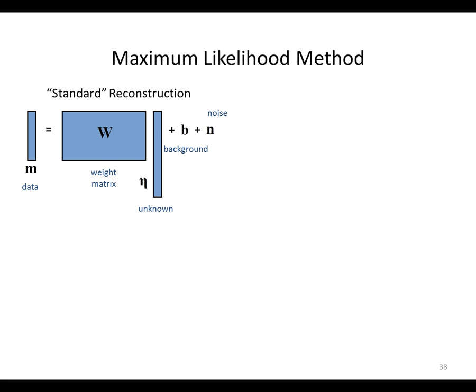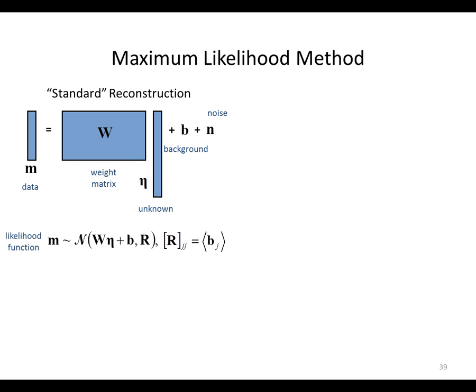Okay, so let's take a little bit of a closer look at my signal model. So I have a measured data vector, which is my 12 measurements. And when I do this, I'm reconstructing each measurement individually, by the way. So I'm only making use of the 12 measurements that I have. Then I have my weight matrix and my vector of unknowns. And I have a background, which I can estimate, and then I'm assuming some channel-independent Poisson noise.